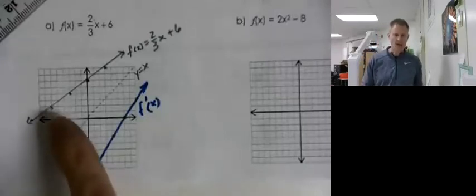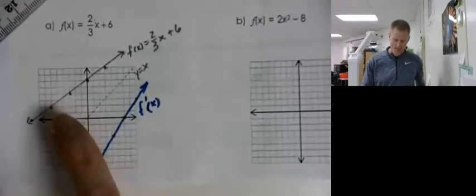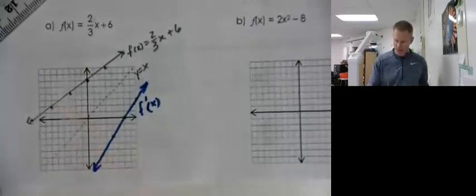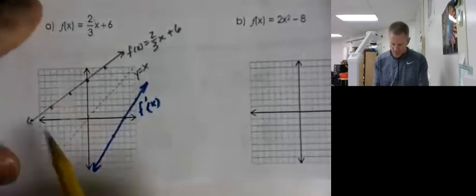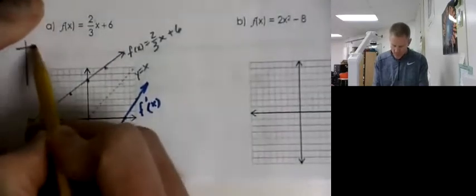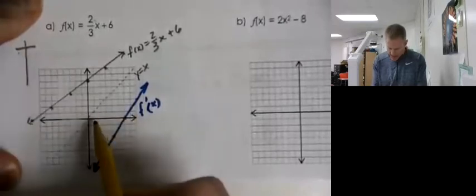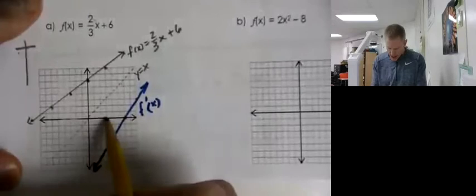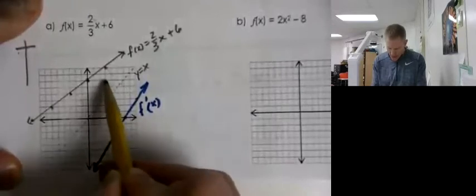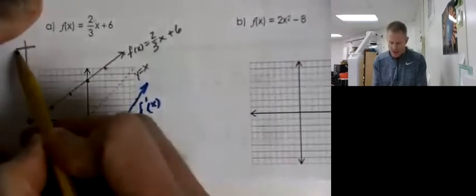You could have figured out those points and then switched them over. We know that we have, let's see, 1, 2, 3, 1, 2, 3, 4, 5, 6, 7, 8.